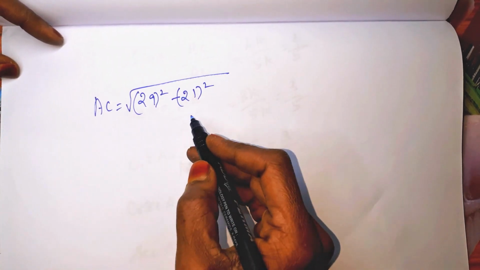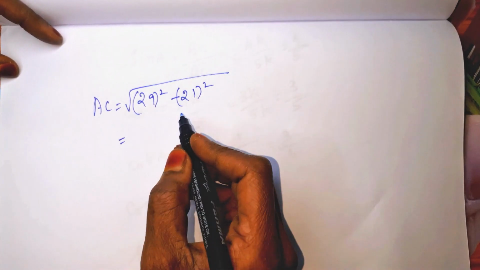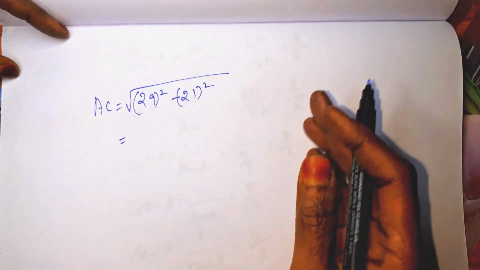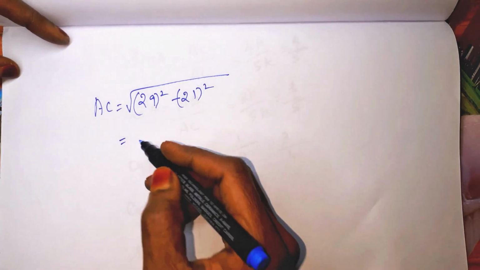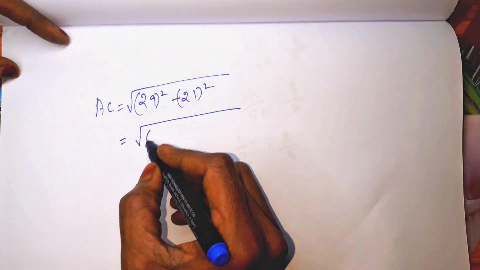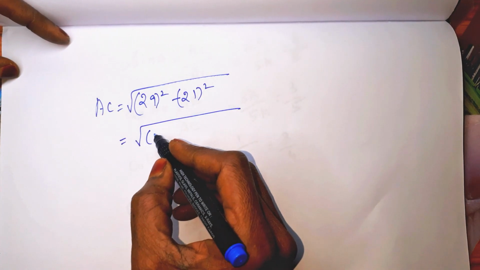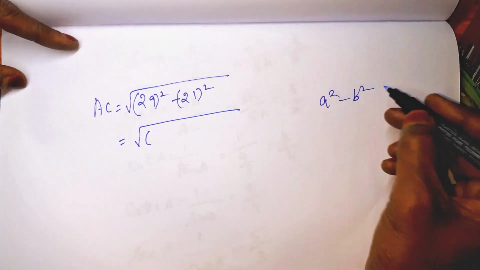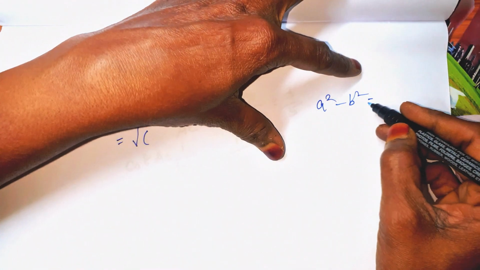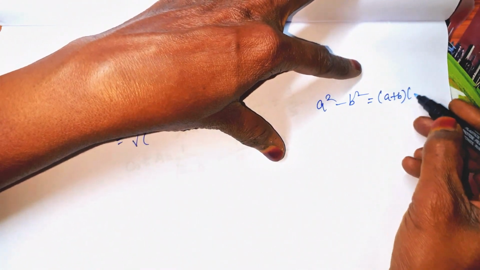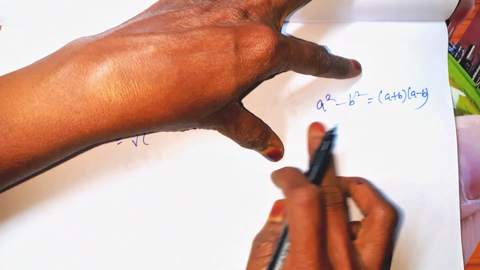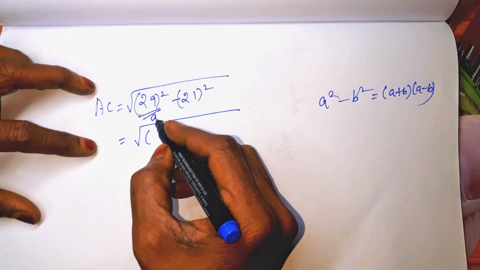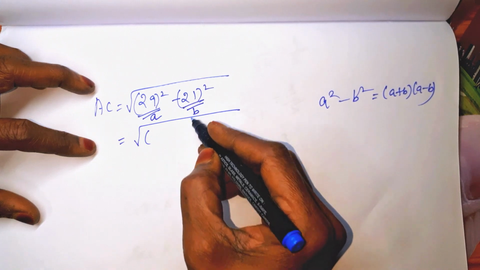I'll tell you how to simplify this. Root of 29 squared minus 21 squared. We would have to do a lengthy calculation, but I'll explain how to do it in a simplified manner. What is the formula for A squared minus B squared? A squared minus B squared is equal to A plus B into A minus B. So in the place of A we have 29, in the place of B we have 21.